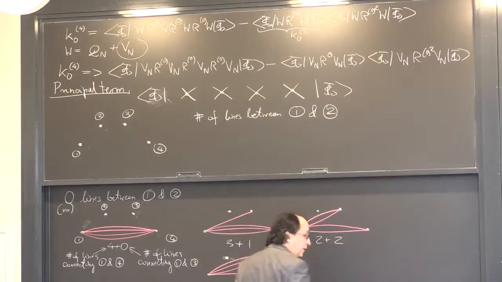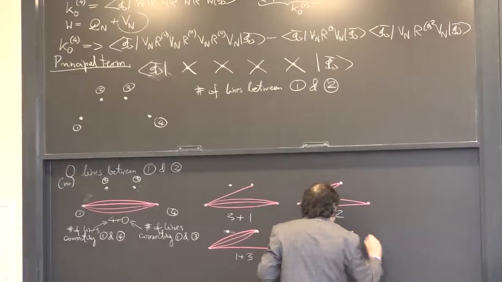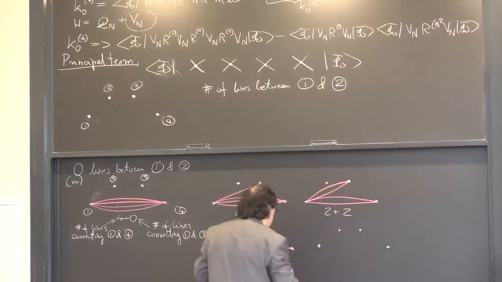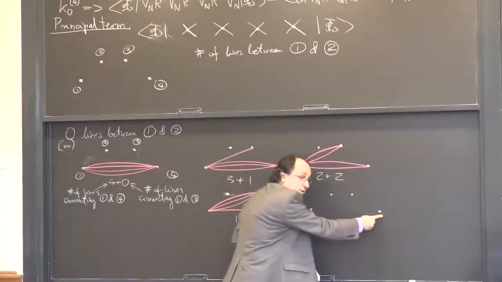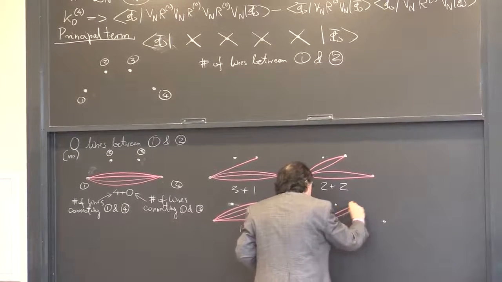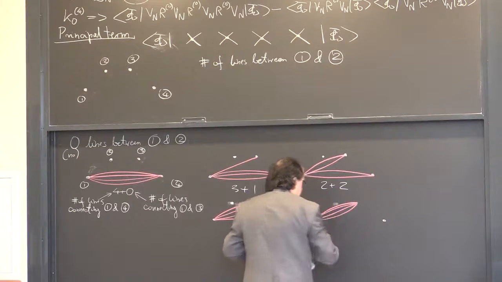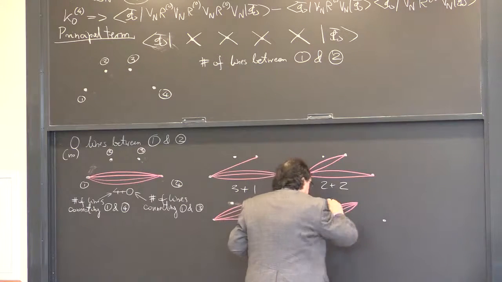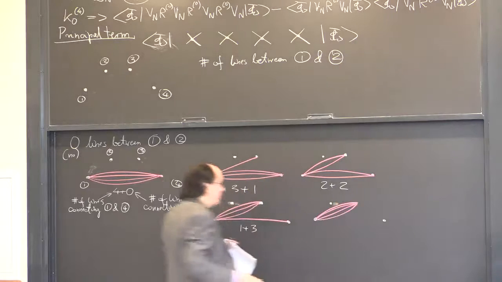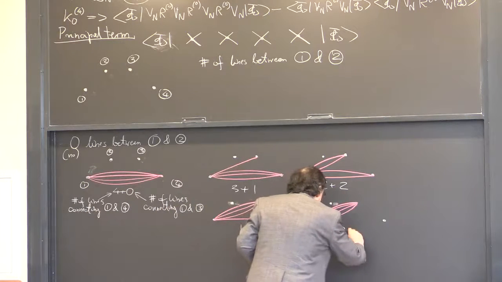And the final case, as you can imagine, is the one left over: do not use any lines to connect 1 and 4, but send all 4 lines from 1 to vertex 3. That will be 0 plus 4.